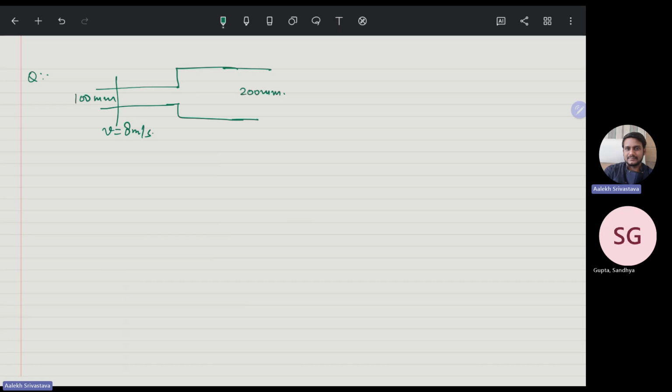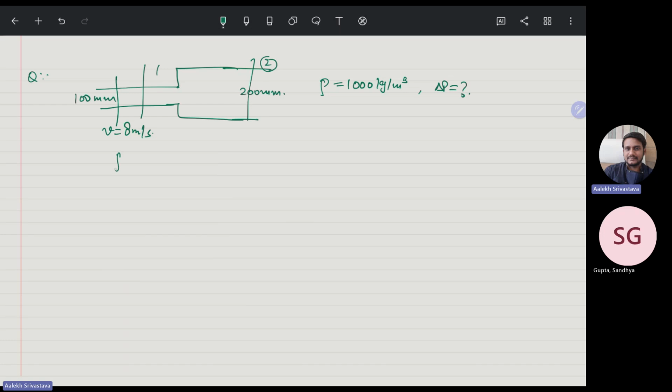The density is given as 1000 kg per meter cube. You need to find delta P. First of all, if you apply the continuity equation between points 1 and 2, you will get the velocity at the second point.